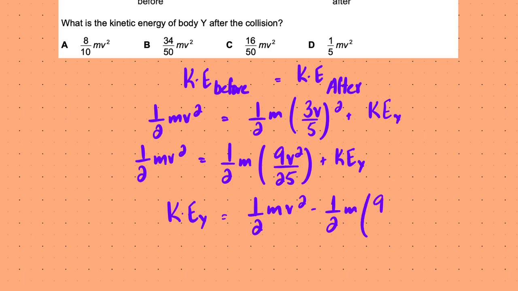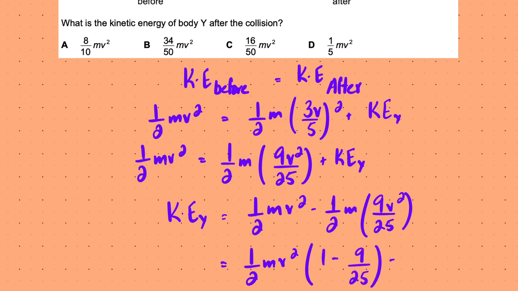There's a reason I didn't cross multiply, because I like to flex my mental math skills every now and then. I can just factor out the half m v squared as common. So this becomes 1 minus 9 over 25, which is 16 over 25. So half times 16 over 25 is 8 over 25.